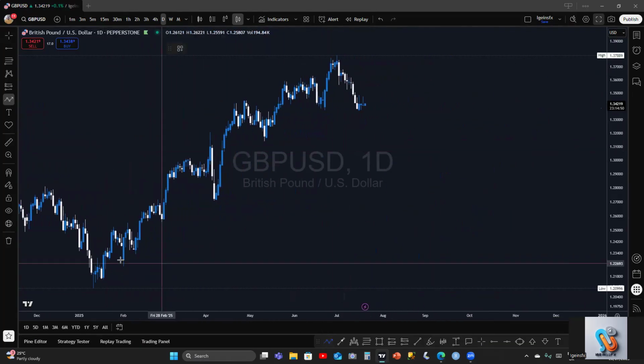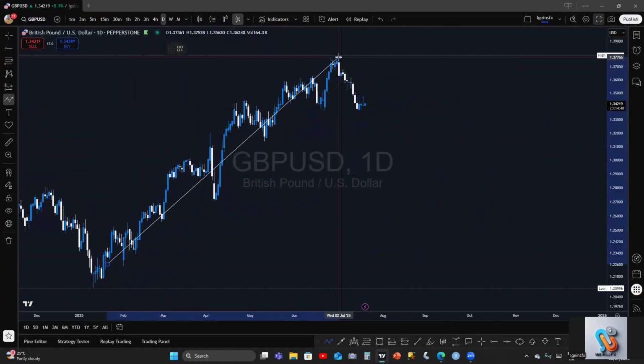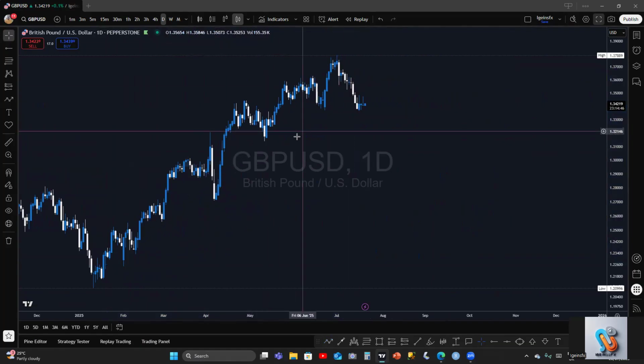So we can see that it's bullish. It's bullish, but we're having a pullback, and it has gotten to this support level, and price is holding here.